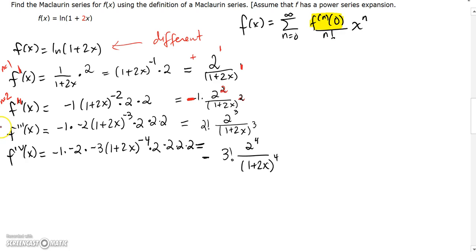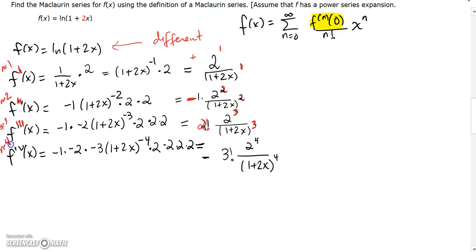Then when n is 3, third derivative, I see a 2 cubed upstairs and that other quantity cubed downstairs. Now I see a 2 factorial, and 2 is 1 less than 3. So I'm guessing, would that work for this one also? And it looks like it does.